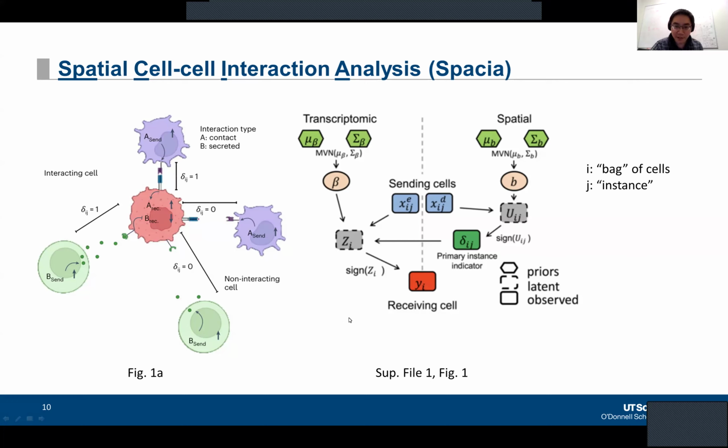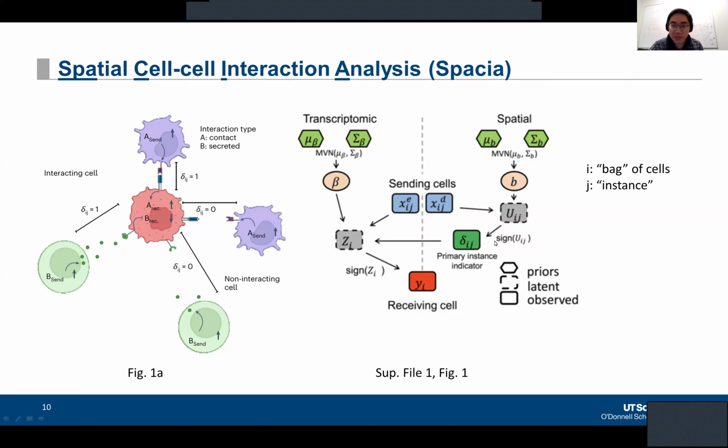The interesting thing here is that we don't have to put in any arbitrary cutoffs for distance, which is something that we saw with some other software using spatial data. Ideally, the model itself figures out the spatial relationship of different types of interactions. We also don't need to worry about the direction of correlation between the gene expression. Again, that's something the model figures out by itself.